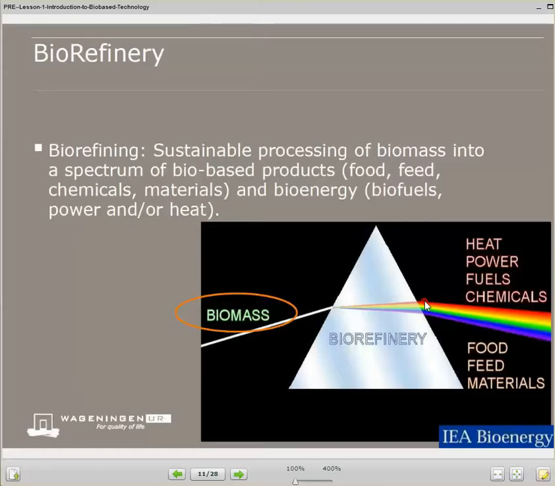These components can be related to, in the case of bioenergy, heat, power, fuels, and chemicals, although I would say the chemicals actually are a product, so this should be underneath the rainbow, but that's a small point. Food, feed, and materials. And these four are products, and these three are the energy.